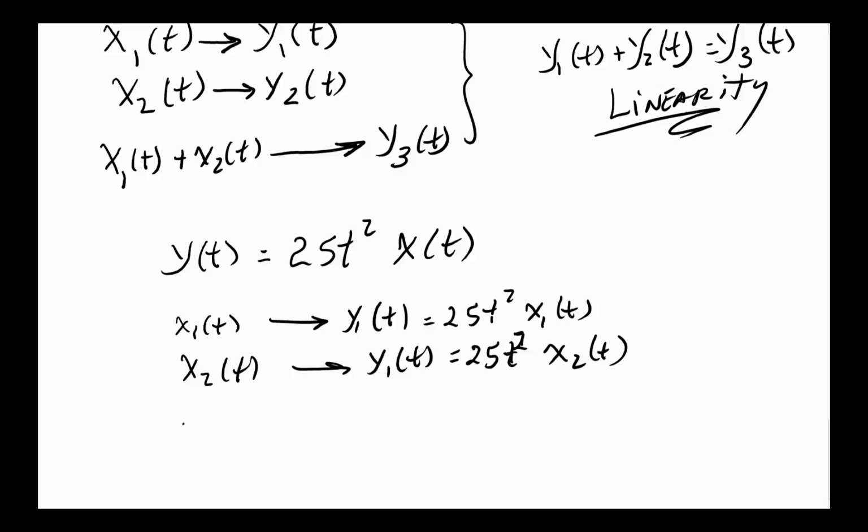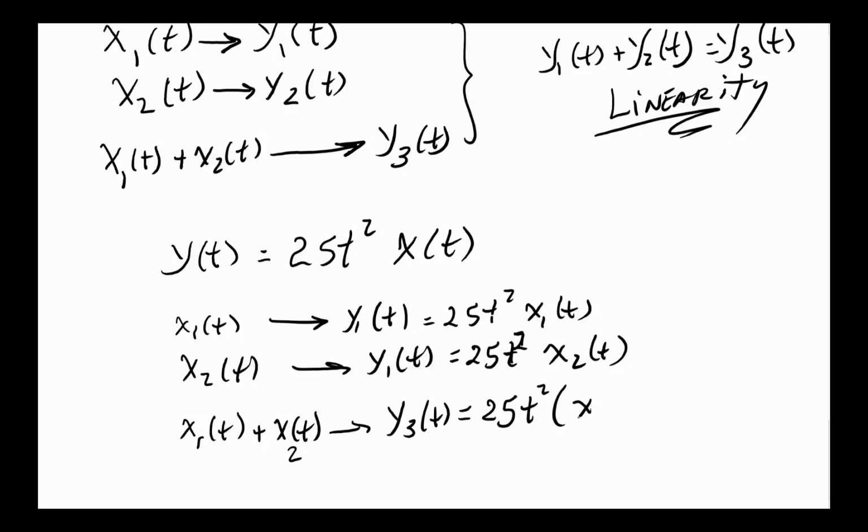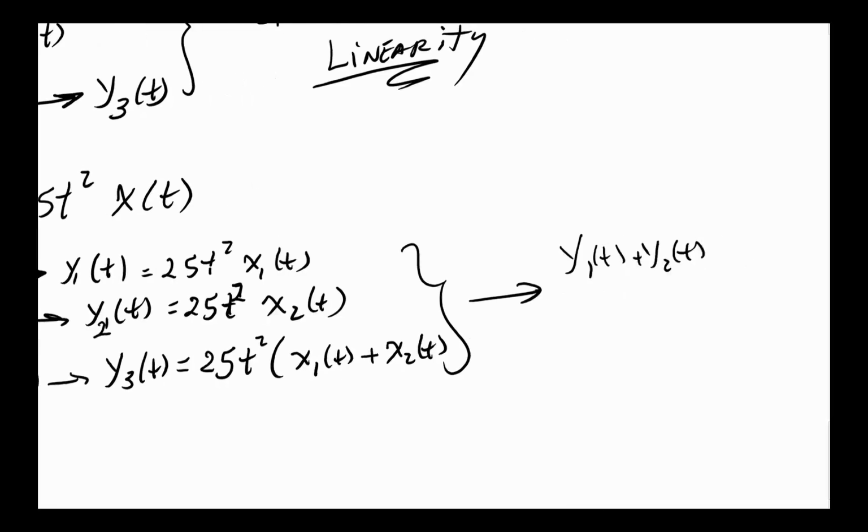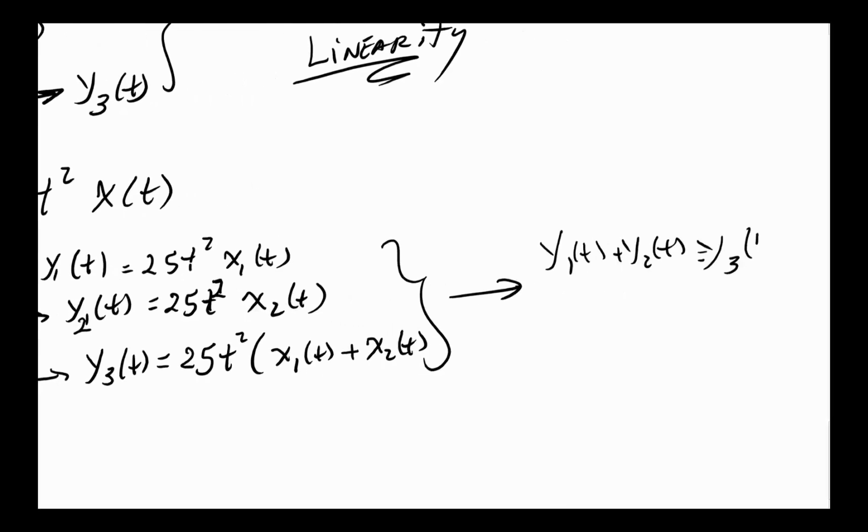Now, if I put both inputs in at the same time, then I get y3 of t, which is going to be equal to 25t squared times x1 of t plus x2 of t. As you can see from here, y1 of t plus y2 of t is indeed equal to y3 of t, therefore the system is linear.